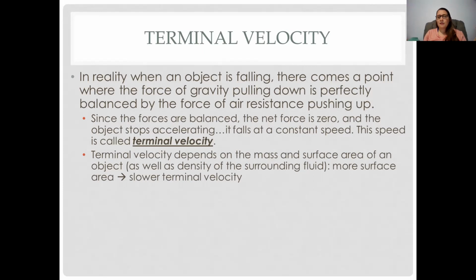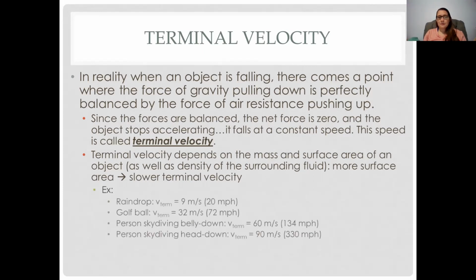But here are a couple of examples. A raindrop's terminal velocity is about 9 meters per second or 20 miles per hour. A golf ball has a terminal velocity of about 72 miles per hour. A person skydiving belly down, so they have more surface area, would be about 134 miles per hour.